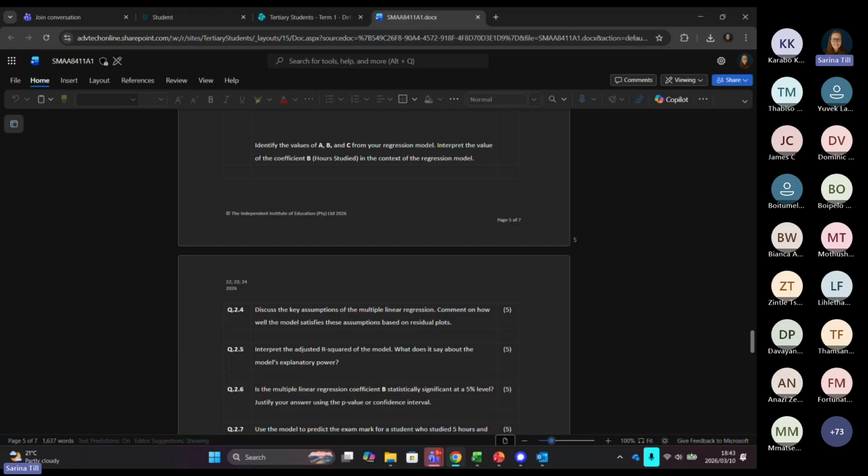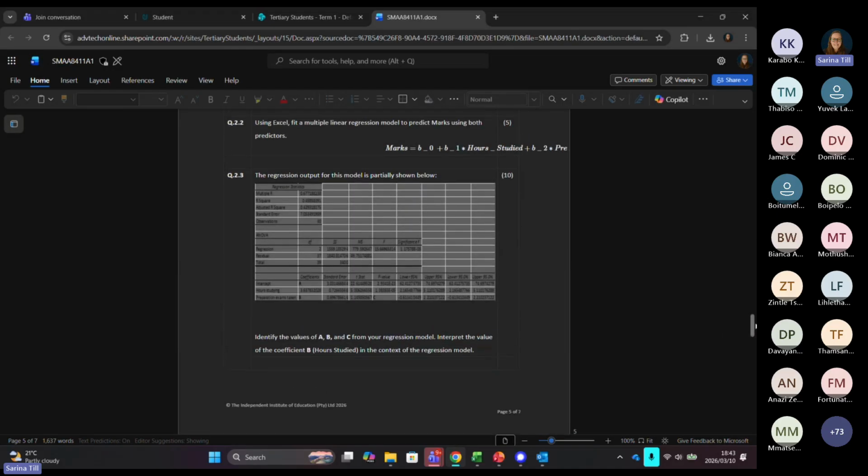Then it's going to ask you to look at your R squared and interpret the adjusted R squared. So over here, there's your R squared and an adjusted R squared as well. For this model, the R squared is 45%, so we can only explain 45% of the variance in marks.